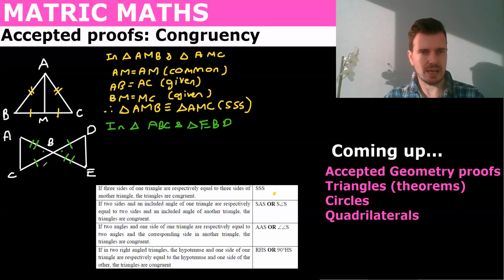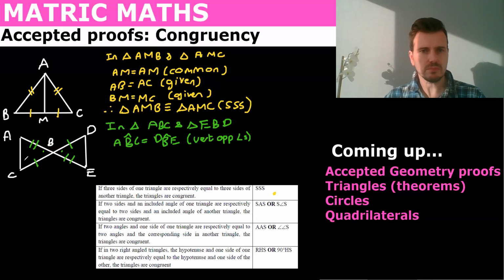Okay, so we would say angle ABC equals angle DBE, and the reason for that is going to be vertically opposite angles.